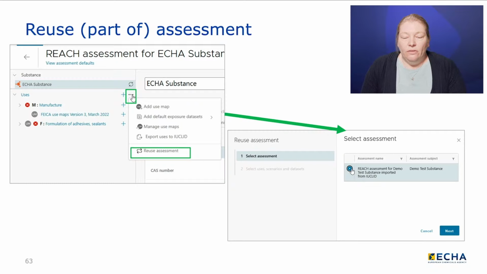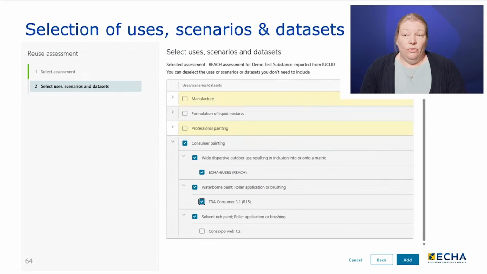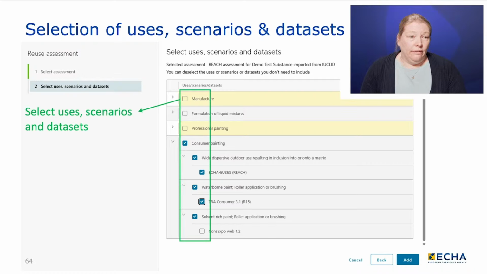Which means in practice, if you're making a REACH assessment, the list of assessments will be all REACH assessments in your database. And of course, for biocides, the same. In the next step of the wizard, you will be able to select exactly which uses and scenarios you want to add, as you can see here.